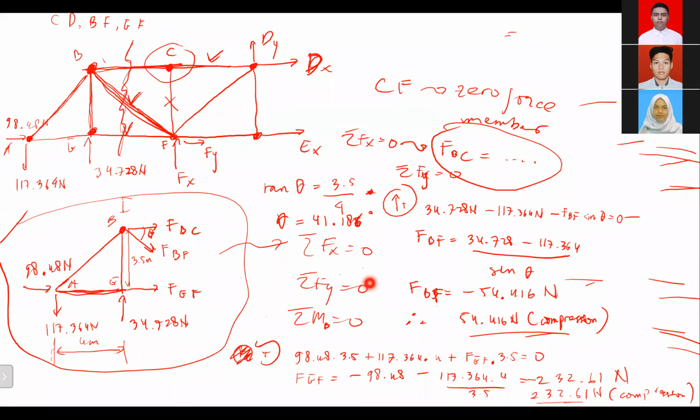If we use the joint method at point C, what you will get using sigma Fx equal to 0 at joint C is that FBC will be equal to FCD. So after you solve this, then you can solve FCD. Okay, sir. Okay, Rizky, continue.